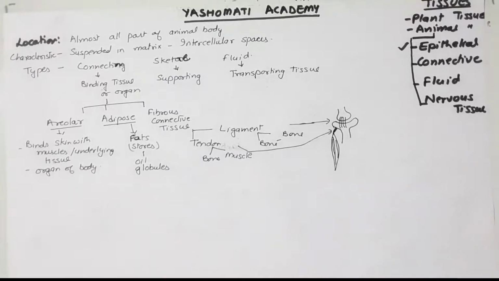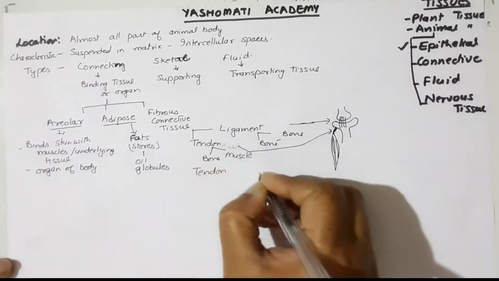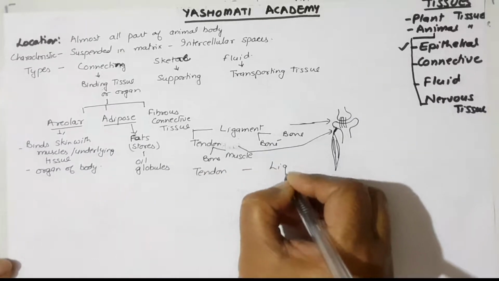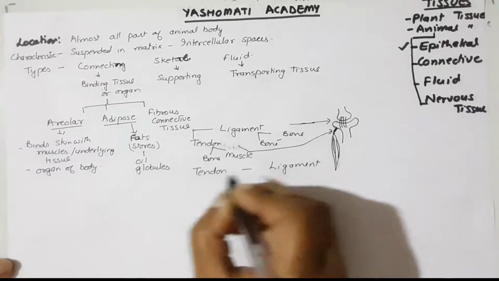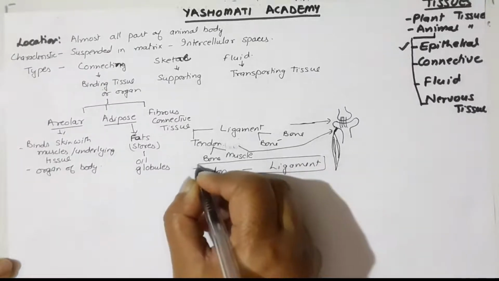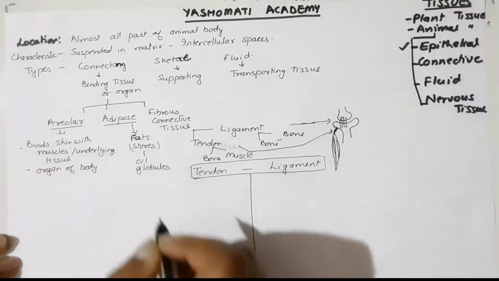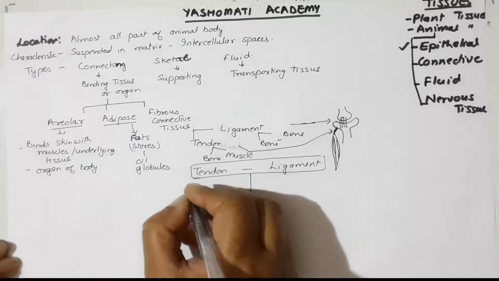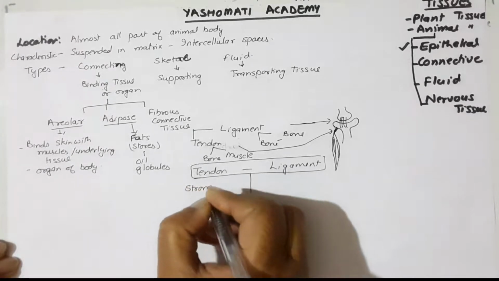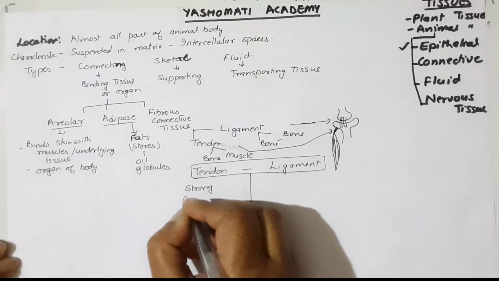There are some other differences between tendon and ligament. For example, tendons are very strong and they are cord-like.